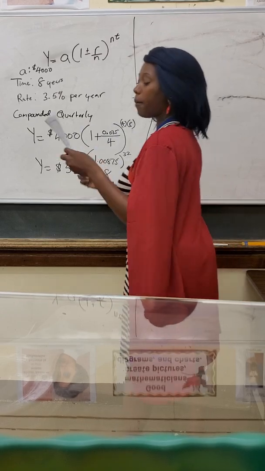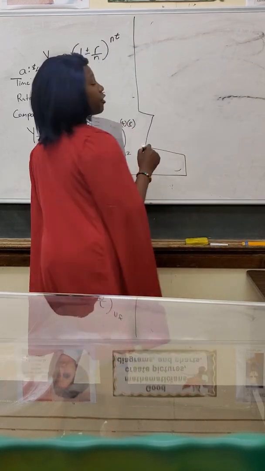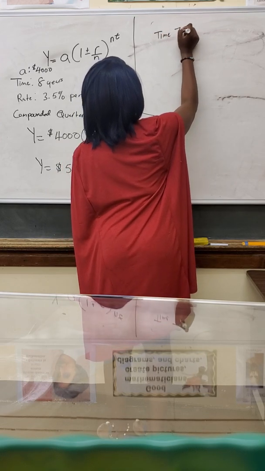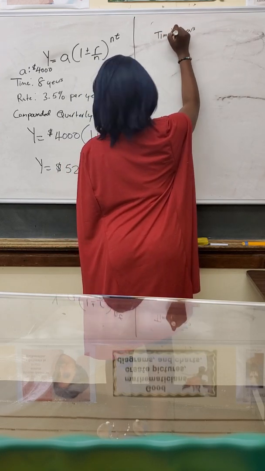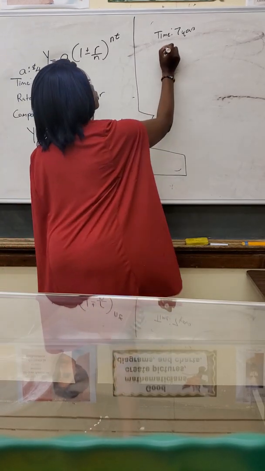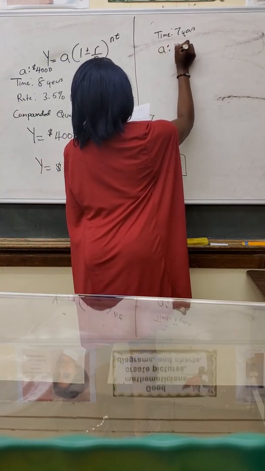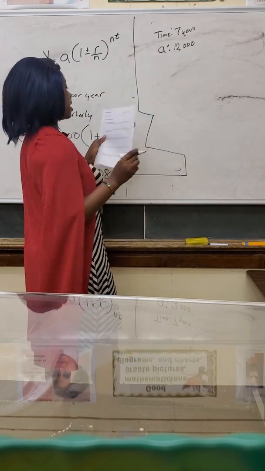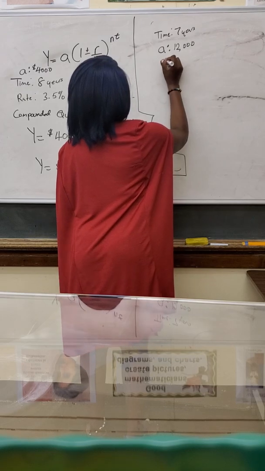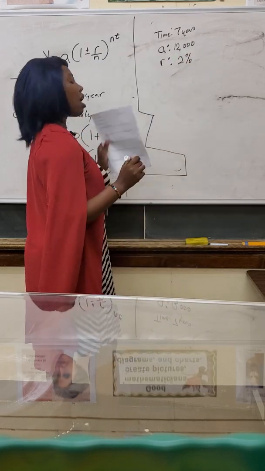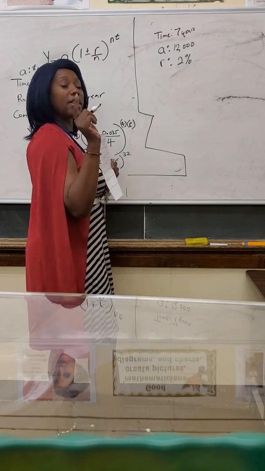So they said, how much money would you have after 7 years? So our time is 7 years. If you invested $12,000, so our initial amount is $12,000, and they said at 2%, so our rate is 2%, and they said it is compounded monthly.